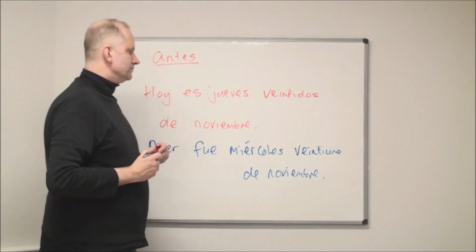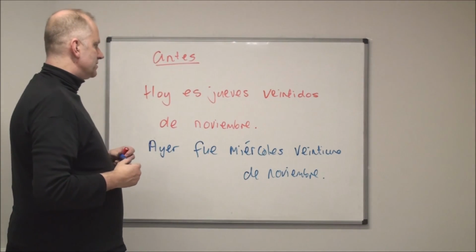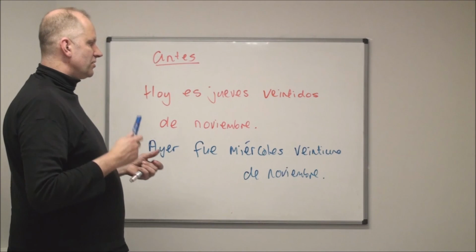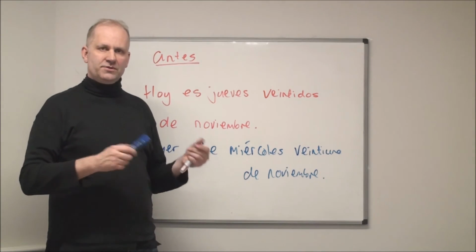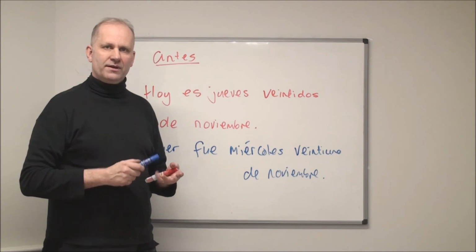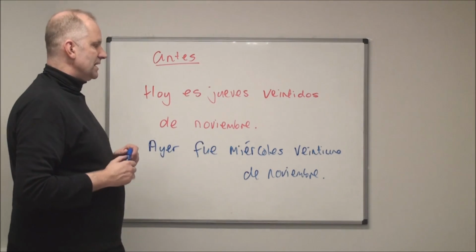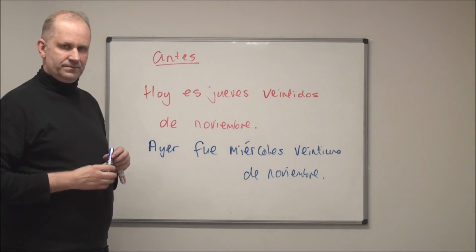And in Spanish, it's very easy to say the date. You don't have to say things like first, second, third. You don't use the ordinal numbers, you use the cardinal numbers, 1, 2, 3, 4. So it's a much easier system to remember.